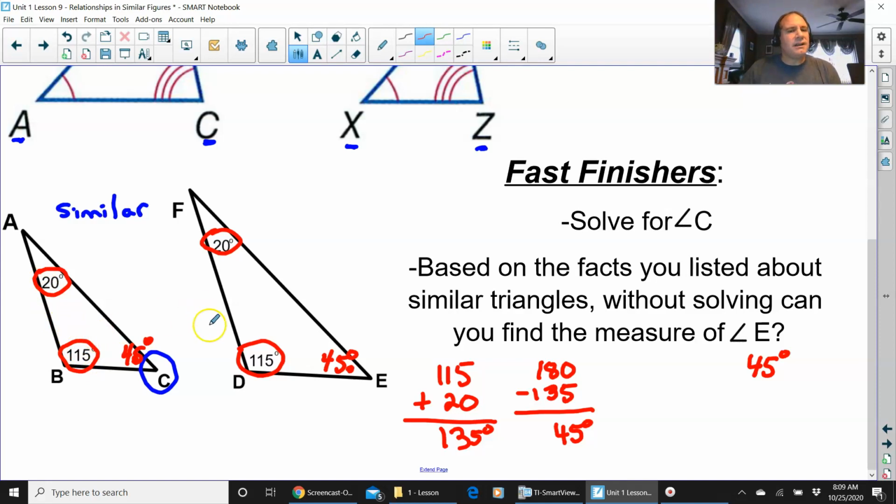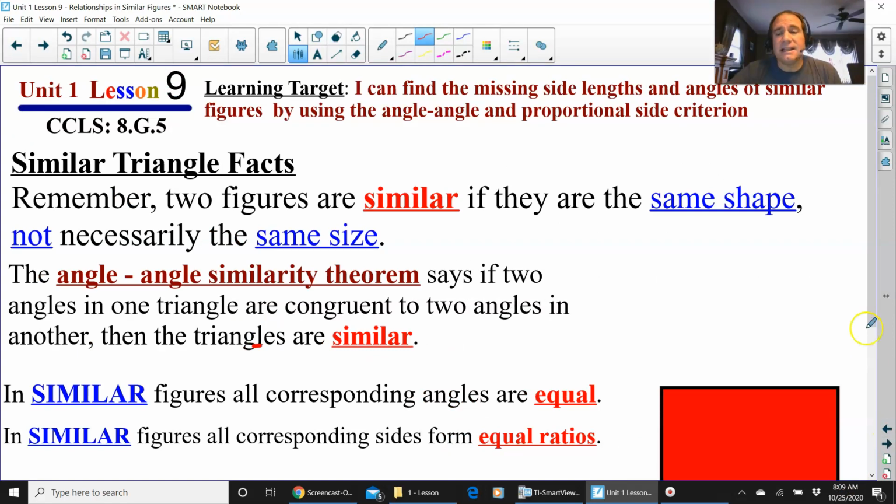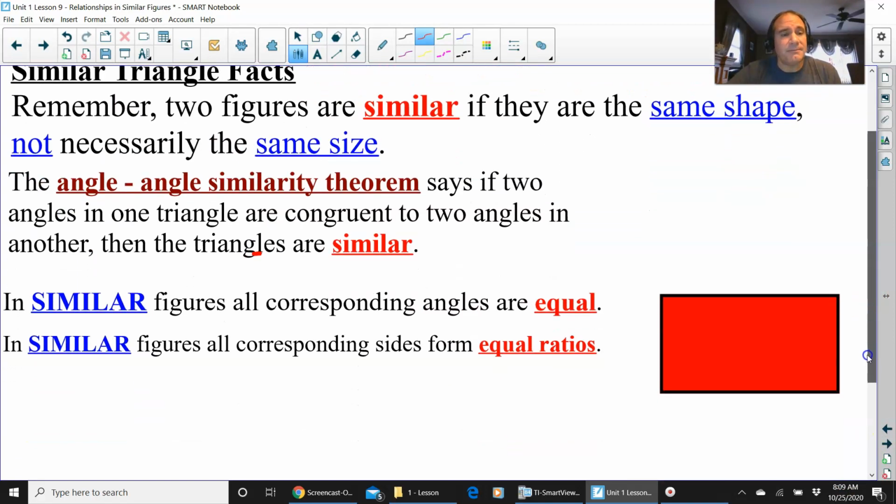So the congruence right here of 115 degrees and 115 and then 20 and 20, those corresponding angles matched up with each other. And then obviously, since interior angles of a triangle equal 180 degrees, angle E and angle C had to be equal to each other. So they were similar triangles right off the bat. And that's the angle-angle similarity theorem.